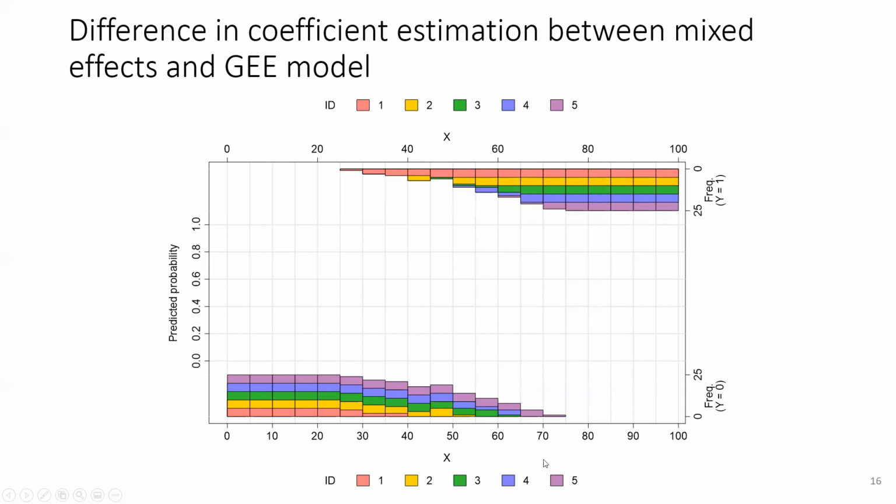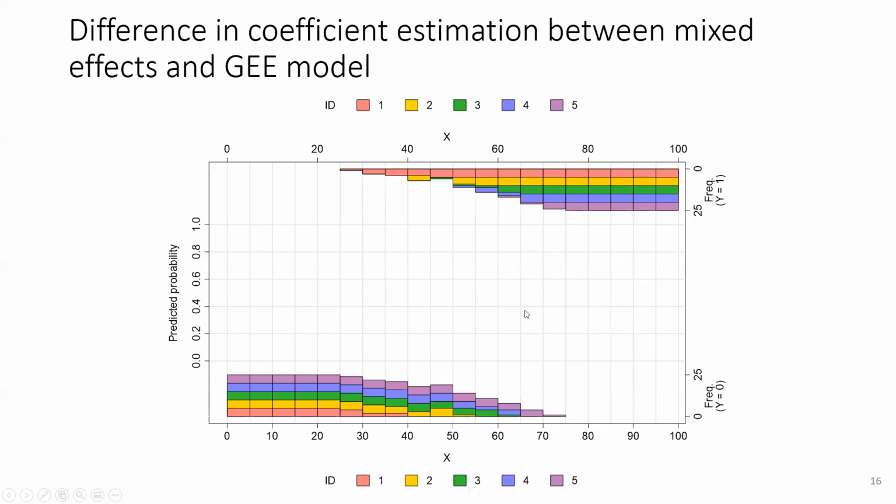When we look at cluster 5, at the low values of X all the observations had Y equal to 0. Then from about 60, we started to have observations with Y equal to 1, and the number of counts increases as X increases. And after 71, all the observations had Y equal to 1.